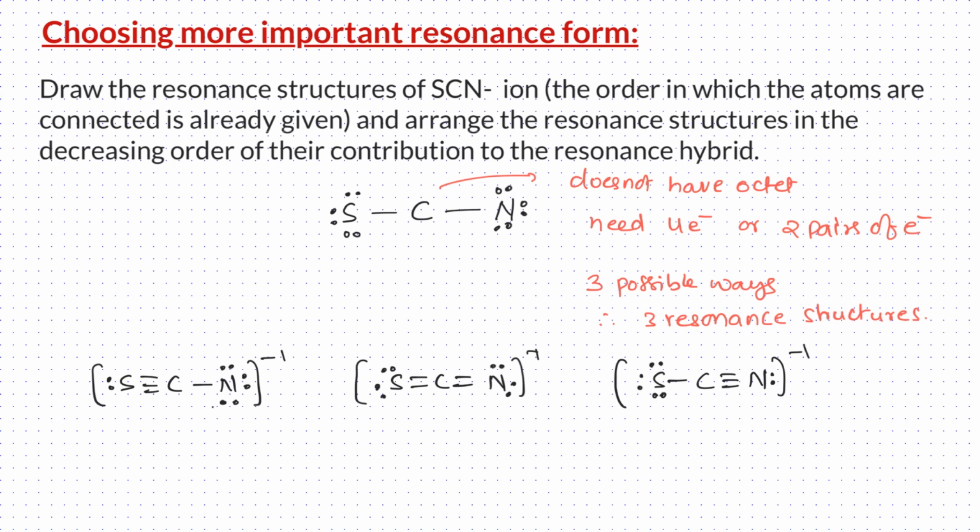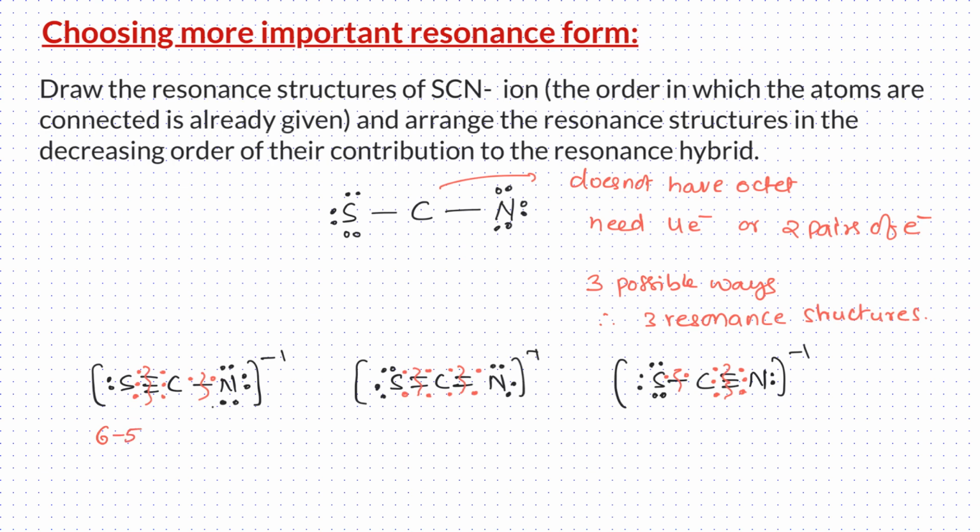Now let's calculate the formal charges. I'm going to break all the bonds and assign 1 electron each to both the bonding atoms. For sulfur, it belongs to group 6, therefore it has 6 valence electrons in its free state, and I have 5 dots around it here.